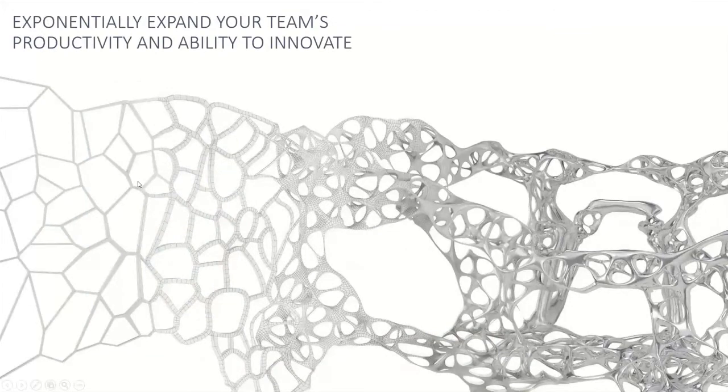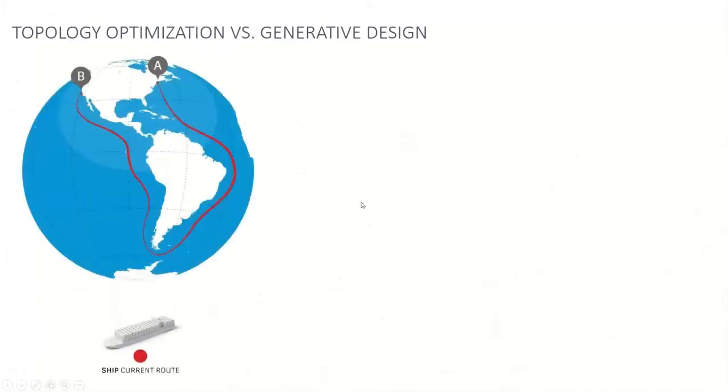Okay, so some of the samples here. So let's take a look at this. This is the topology optimization versus the generative design. If ever some of you are already user of Fusion 360, okay, the old way on how can we optimize the design is about the topology optimization. Okay, versus the generative design. Let's compare it in our transportation.